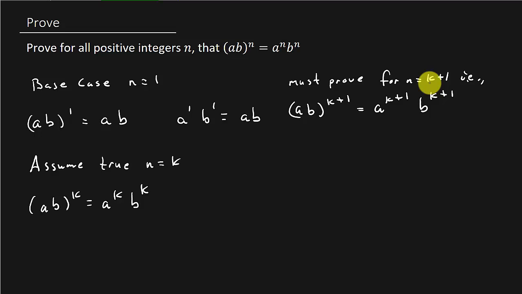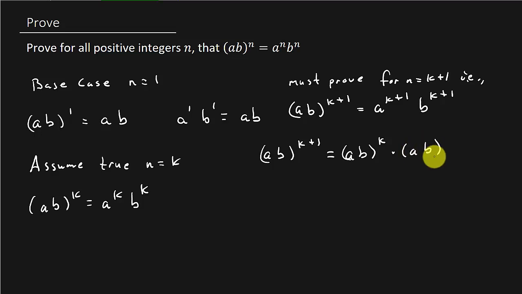All right, so let's see what we've got here. We've got (ab) to the k plus 1, and that is equal to (ab) to the k times ab.